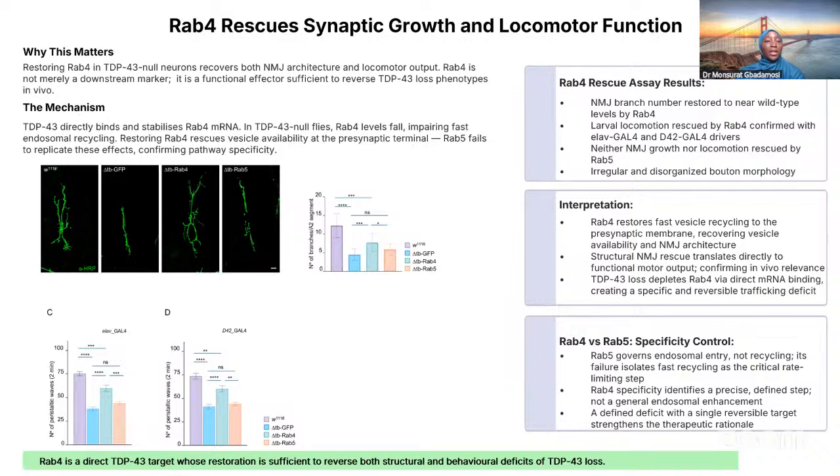So when we express RAB4 and RAB5 in the neurons of this fly, with RAB4 we have recovery of the NMJ branches. This is RAB4, this is RAB5, this is the wild type control, and this is the mutant. If you see the branching, it's pretty obvious. RAB4 is doing something that RAB5 is not doing to the mutant.